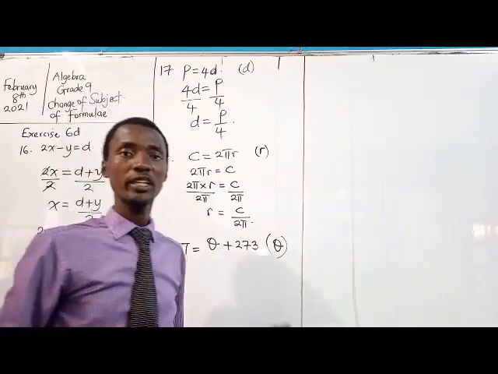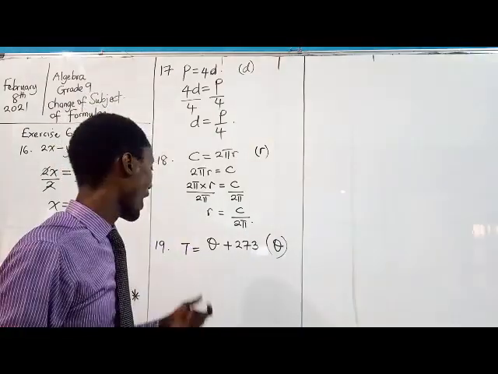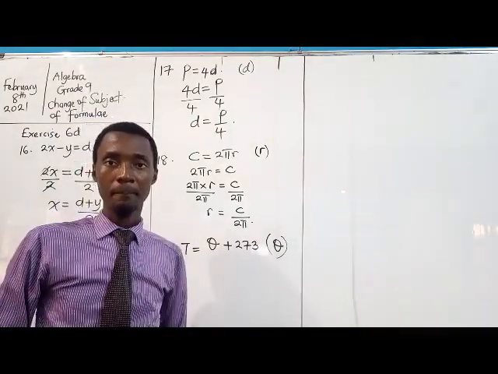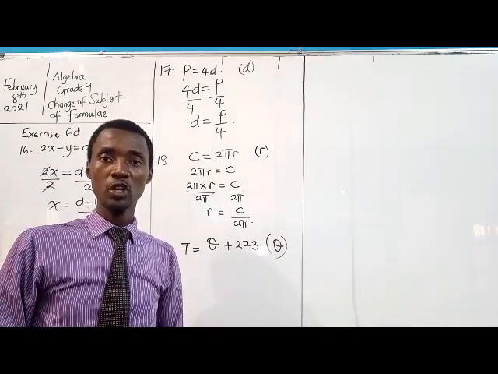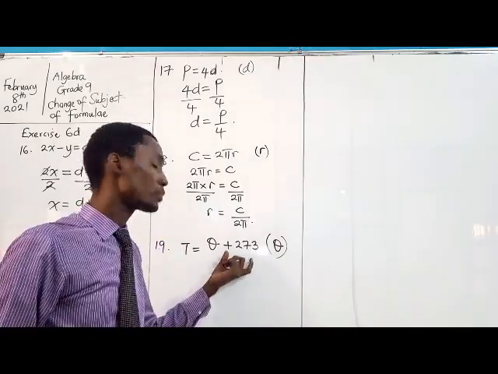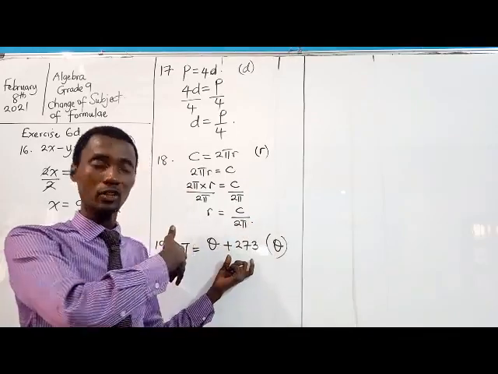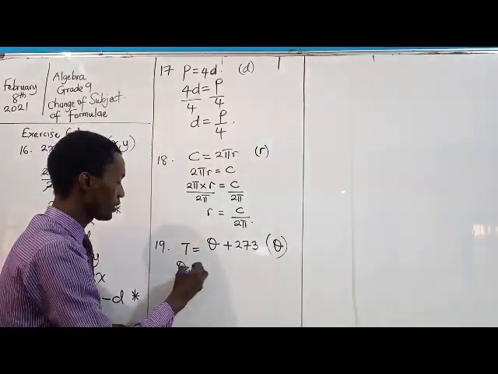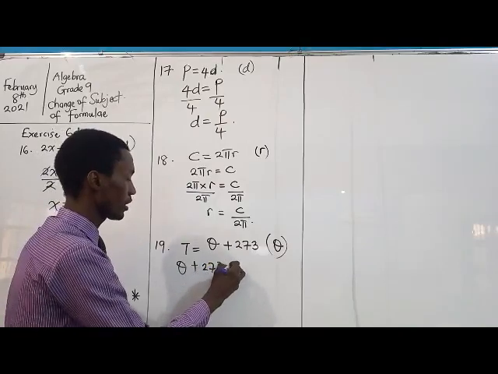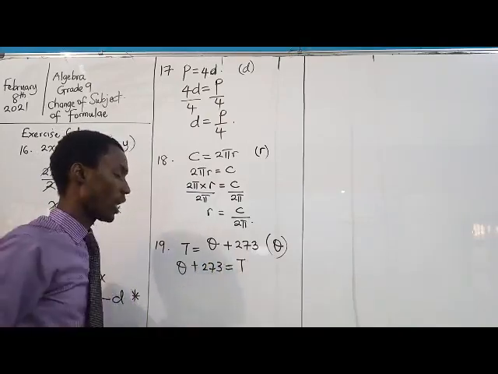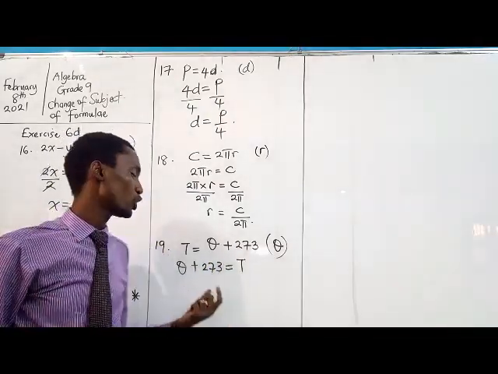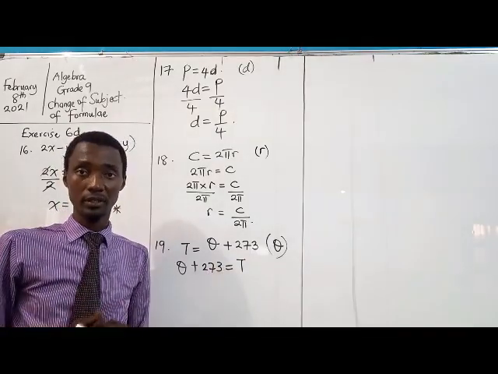So here we have question 18 and we're required to look for theta. The first step for solving this is to rewrite, because the subject is on the right hand side of the board. So we need to bring it to the left hand side, and that will be theta plus 273 equal to t. Now with this done, you discover that we do not need 273.